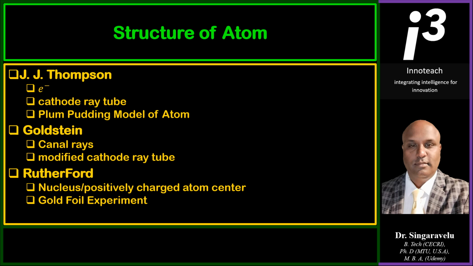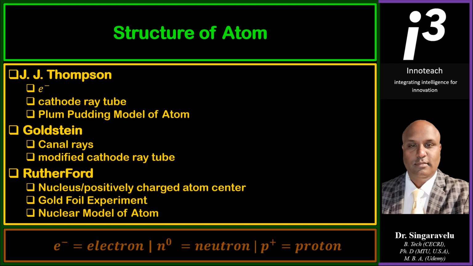About 5% of them, or even less than that, were directly bounced back, almost deflected by an angle of 180 degrees from the source of incidence. So that led him to propose a nuclear model of atom.